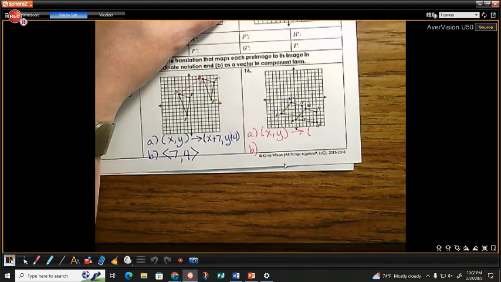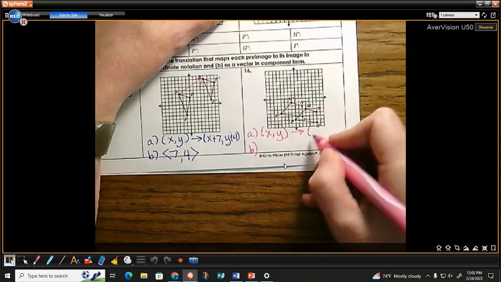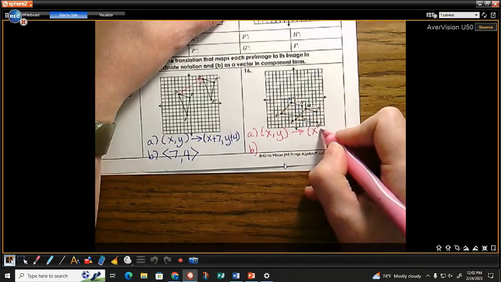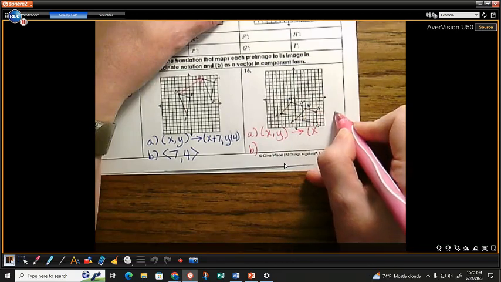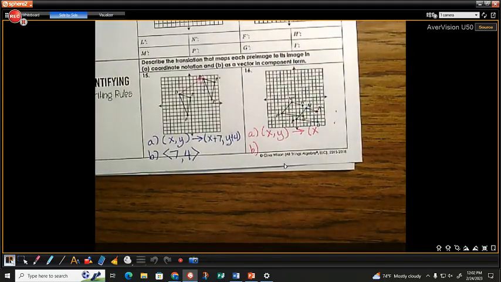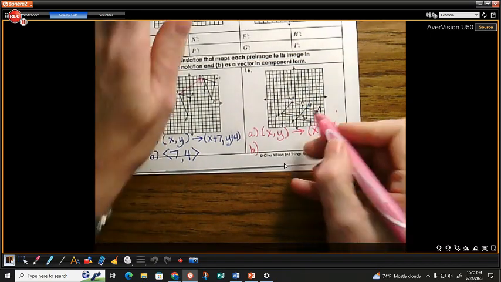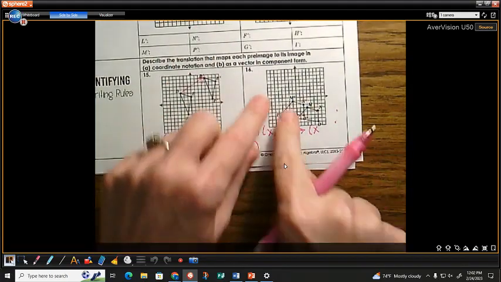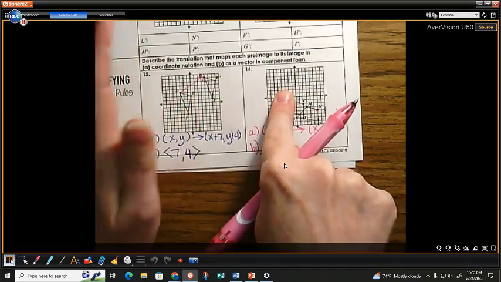Nicole, I don't think I've said your name today. Nicole, what does XY move to in this guy? X plus 4, Y minus 2. So you're saying that this point goes to the right 4 and down 2? Oh, do you have to pay attention to where the primes are? Yes. You want to start with the pre-image, which does not have primes, and so if you're starting here, this is a common error, is people always want to default to the one that's at the left first.